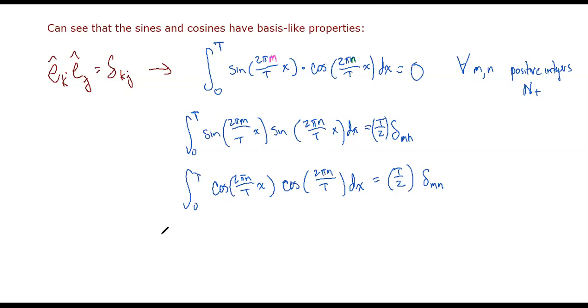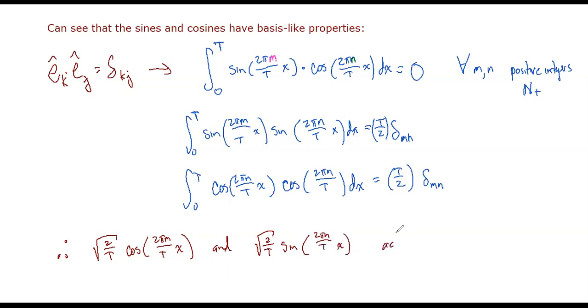So in some sense, what we can conclude is that with a little bit of putting something out in front, root 2 over T cosine 2 pi m over T x, and root 2 over T sine 2 pi n over T x, do what we want them to do.